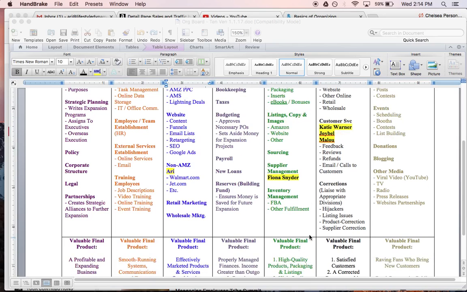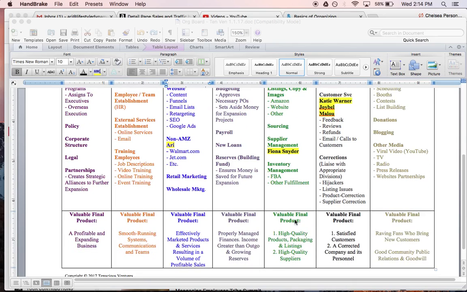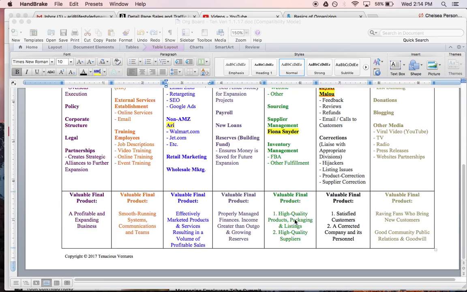Let's look at the valuable final product, or multiple valuable final products, for Division 4, the production division. The first one, we'll call this a VFP. I like to abbreviate things. VFP, short for Valuable Final Product. So the VFP of Division 4 is high quality products, packaging, and listings.